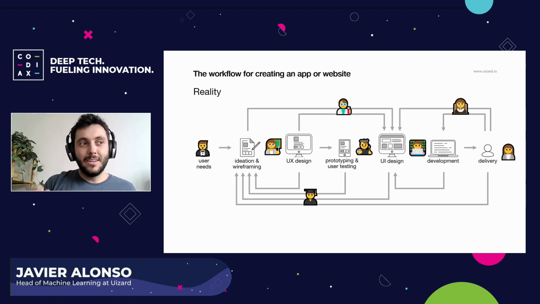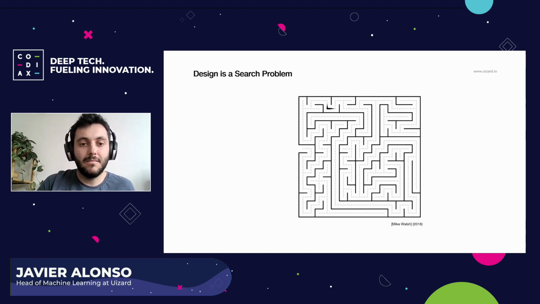But in order to really approach this problem, we need to understand why this is so messy. And the truth is that it's inherent to the design process, because the design process looks very much like this.